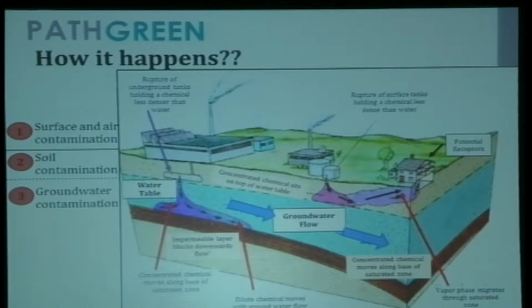How does it happen? If you look at the graphic here, there are a few types of sources that make this contamination happen. Of course, we know industrial areas might give the biggest contribution because they have a lot of hazardous chemicals stored underneath, and all of this goes towards the inner part of the soil.